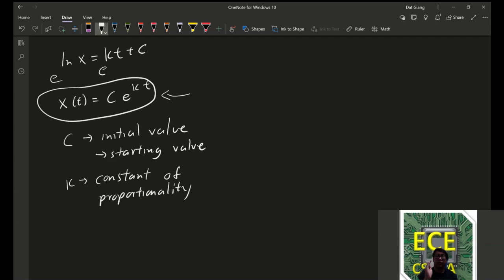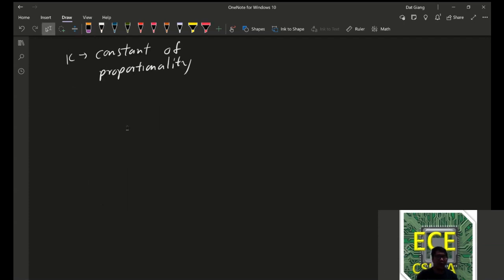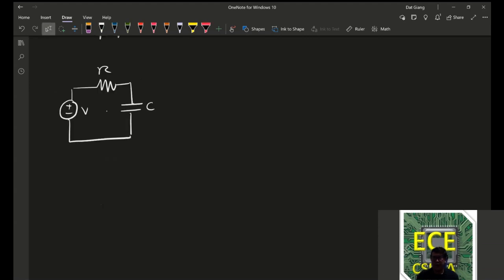Now, two specific situations are in RC networks. Suppose you have some kind of battery modeled by V, you have R, and you have C. Here in this specific situation, V out, the output, is taken with respect to here.